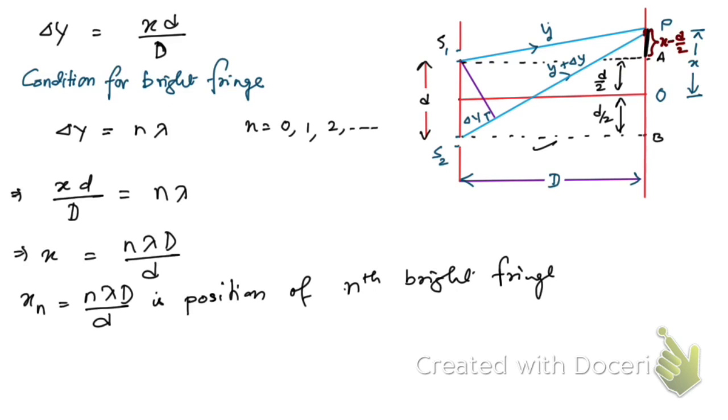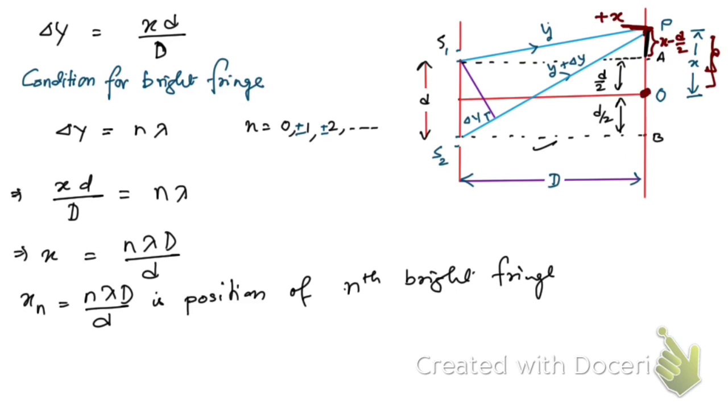Now you see, actually the value of n can be positive 1, negative 1, positive 2, negative 2, because you see, this point is O. If the nth fringe is here, if this is the position, and it is plus x, then at the same distance below this O we can consider minus x, right?